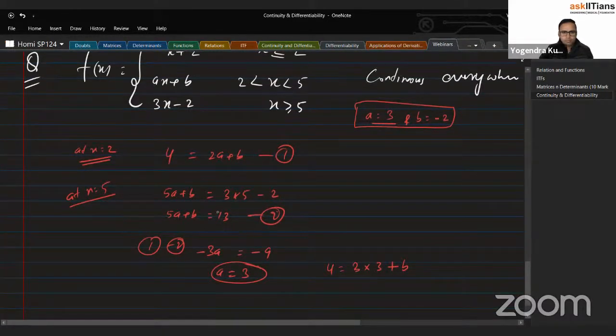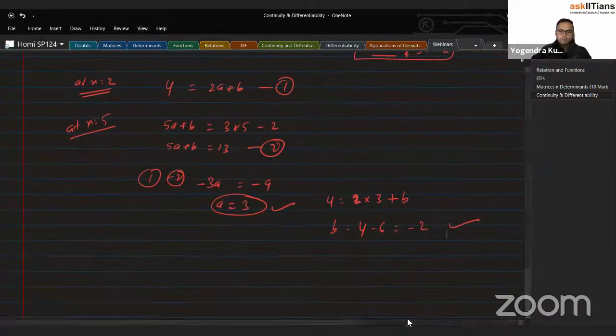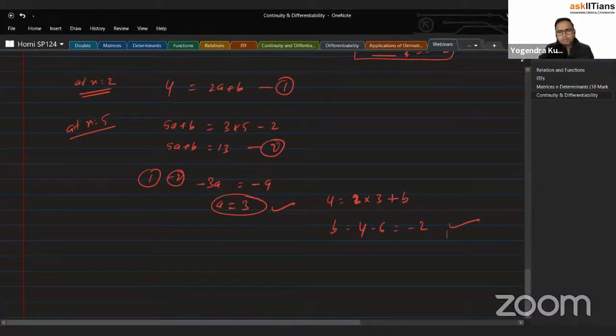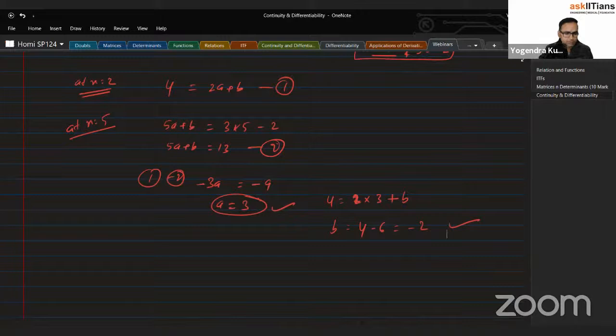So b is equal to 4 minus 6, which is -2. So the a value is 3 and the b value is -2. Done.